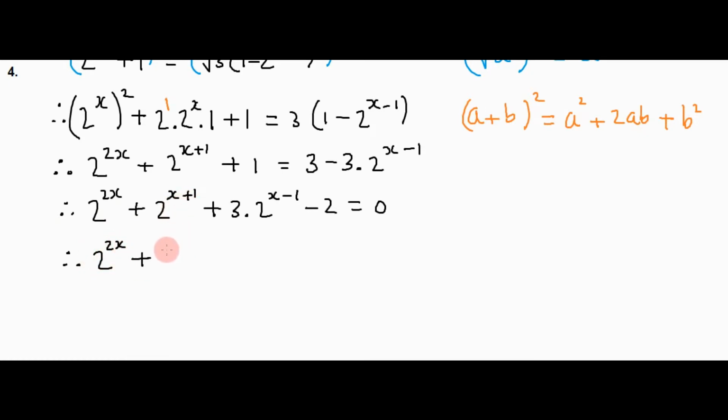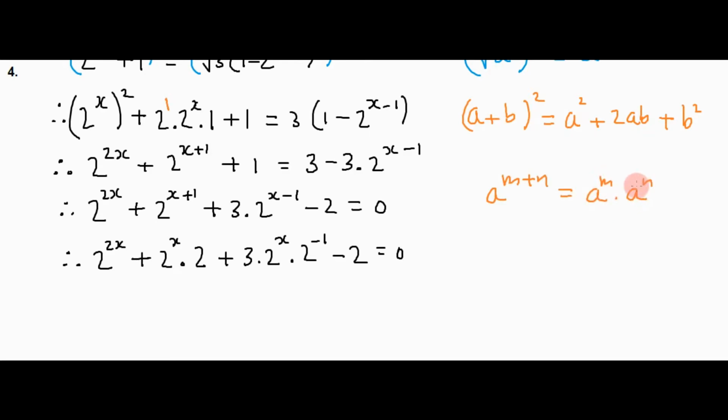So 2 to the x plus 1, we can write as 2 to the x times 2 to the 1. And 2 to the x minus 1, we can write as 2 to the x times 2 to the negative 1. Of course, here we are using the exponential law, a to the m plus n equals a to the m times a to the n.